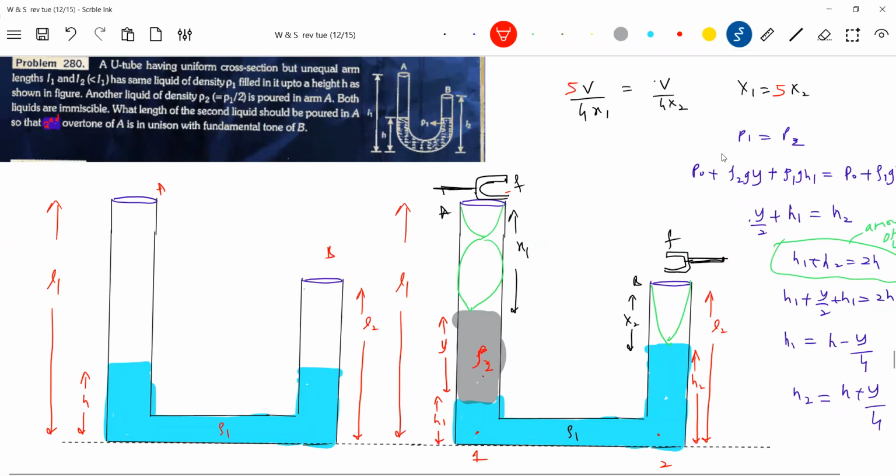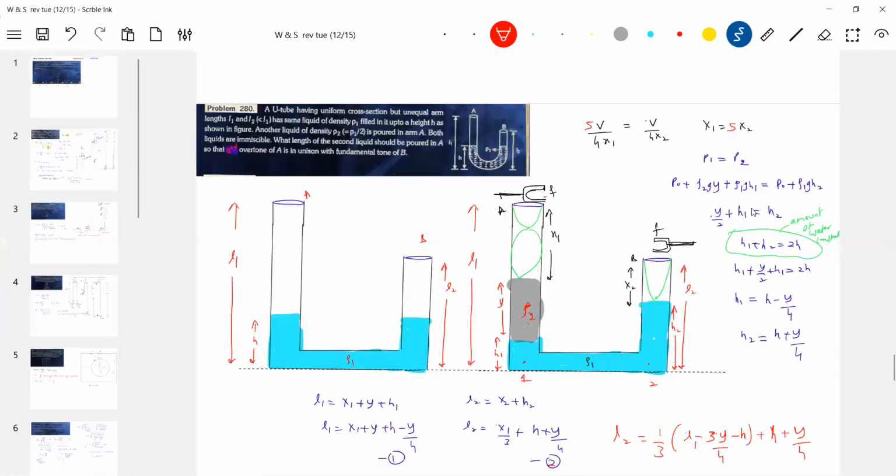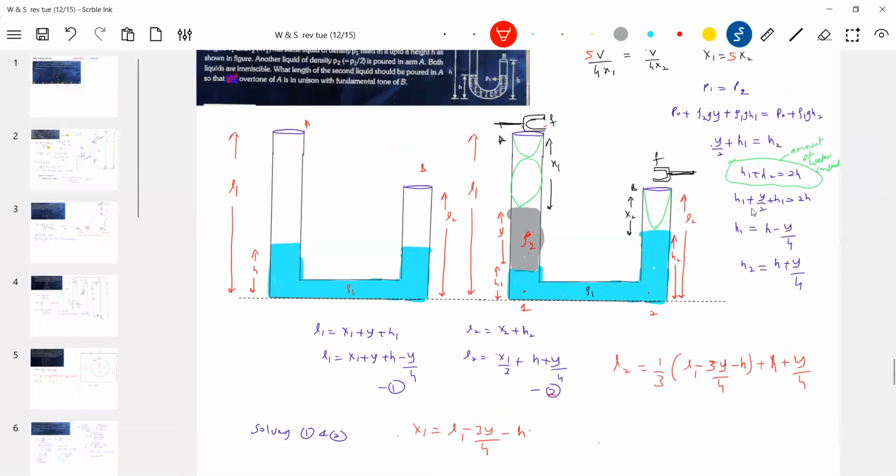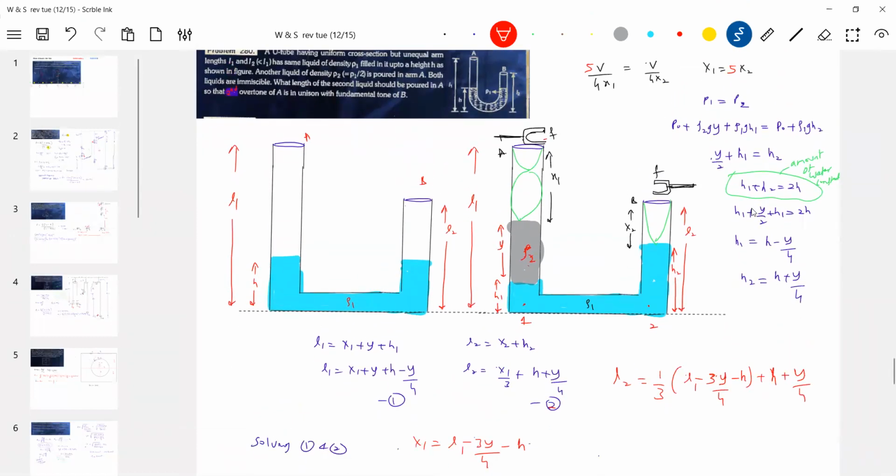This will be 5. Now I think x2 equal to x1 by 5.